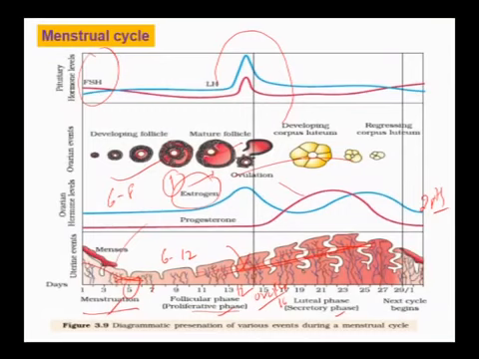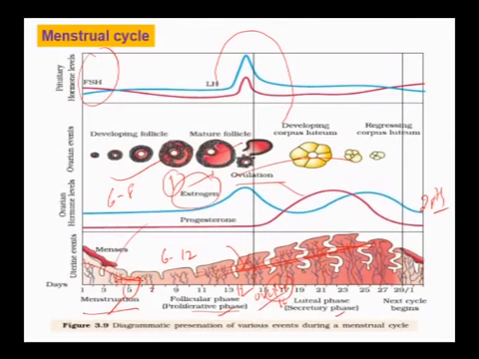So LH is meant for the rupturing of the Graafian follicle. This is the hormone which induces ovulation in the human female. As a result, ovulation occurs. The process of release of the ovum from the Graafian follicle is called ovulation. It occurs in the middle of the menstrual cycle, exactly on the 14th day.